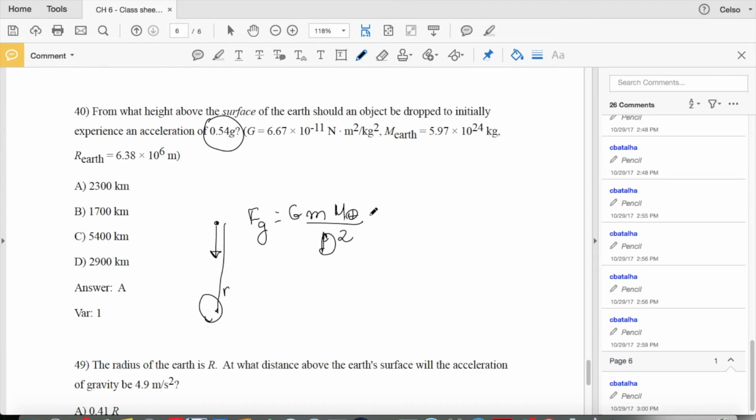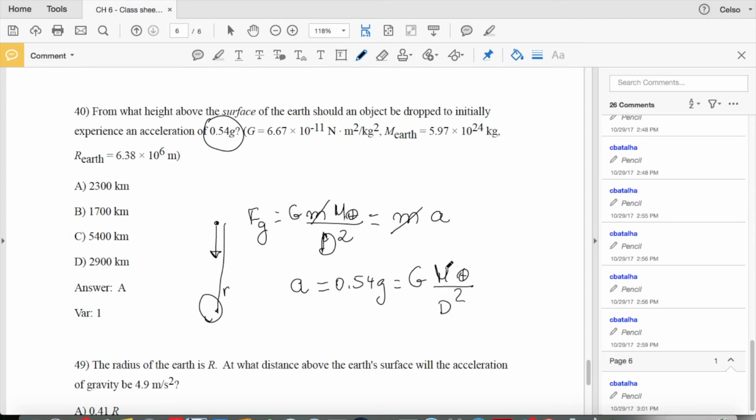And this corresponds to the mass of the object times the acceleration of that object, right? So you can cancel the mass. So basically the acceleration of an object that is dropped at a certain height, which the problem gives us, is equal to G mass of Earth divided by the distance to the center of Earth squared.